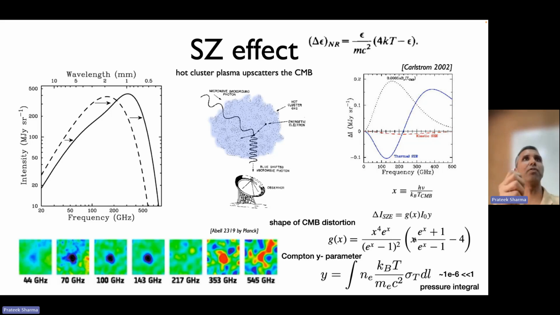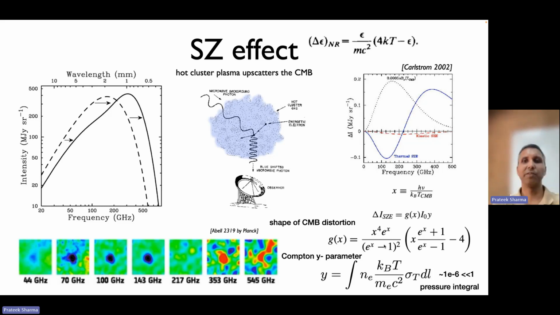Like how photons are moving in frequency space. So it's some sort of an approximation of the Boltzmann equation for photons, and in this approximation, it is called the Kompaneets equation. So we'll not get into that, but that's really what gives you this G(x).